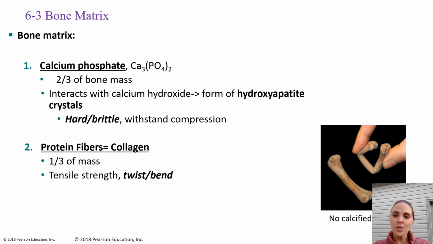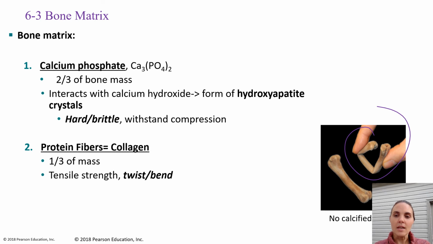And the vinegar will actually remove the calcium phosphate portion of the bone. What you'll be left with is the matrix without the calcium, but with those collagen fibers. And then you end up with this bendy bone here. It's pretty impressive. So if you have time, throw a chicken bone into a cup of vinegar and see what happens after a week.